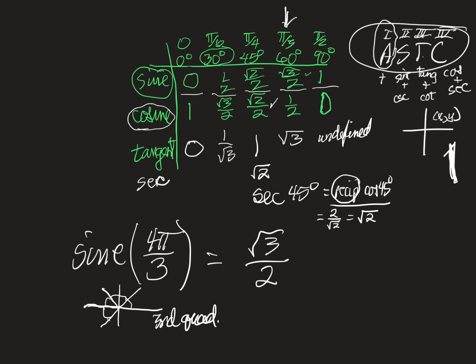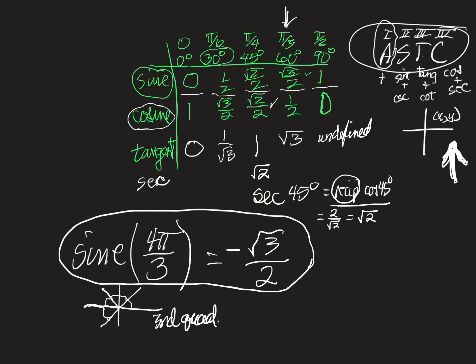That's because y values are negative in the third quadrant. So the sine of 4 pi over 3 is equal to negative square root of 3 over 2.